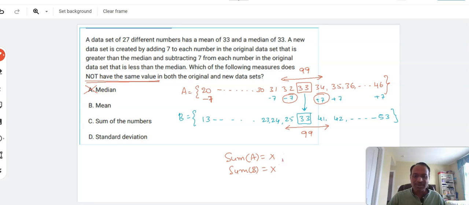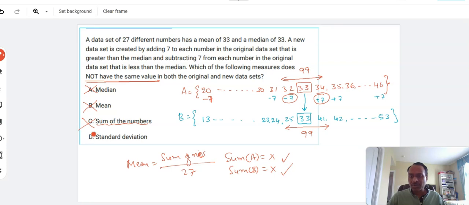Because their sum values are equal, the mean will be the same in both. So this is very clear evidence that mean and sum of the numbers are the same, because mean is the sum of numbers divided by the number of values in the data, which is 27. If the sum of numbers are equal, automatically the mean is also the same.